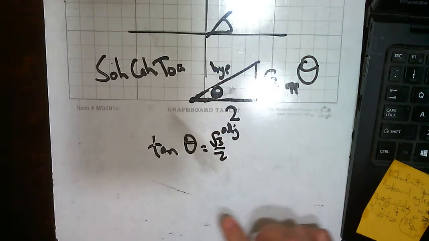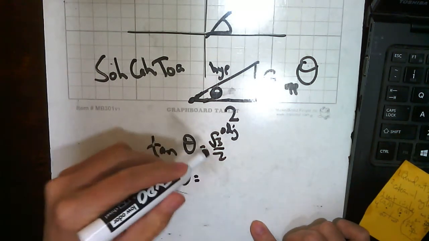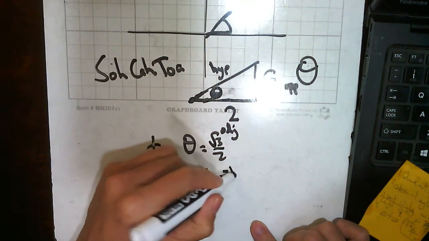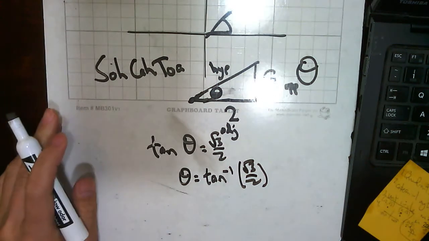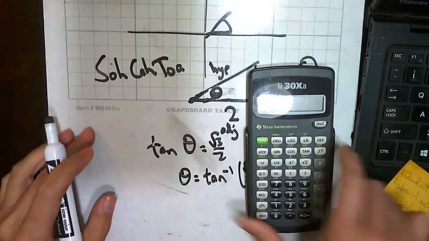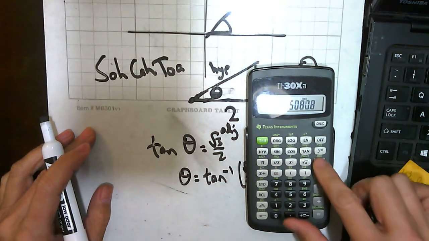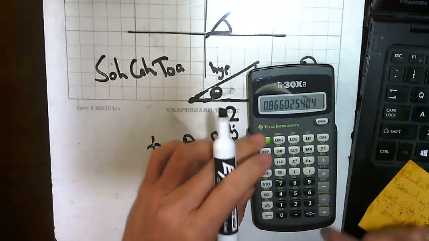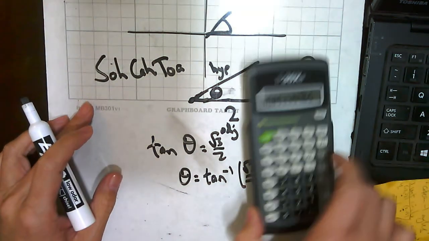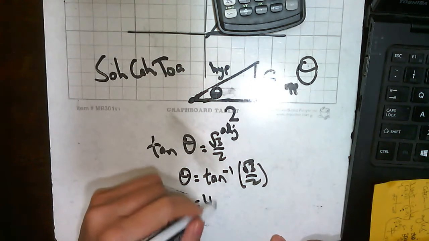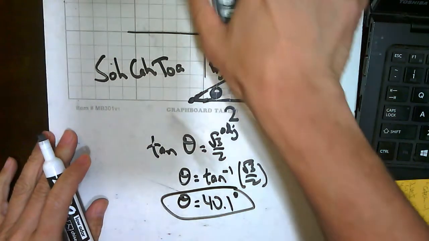Then to solve for the angle, we use inverse tangent of radical 3 over 2. I'm going to punch this into my calculator: radical 3 divided by 2, equals, and I take the inverse tangent. So it's 40.1 degrees. There's your answer.